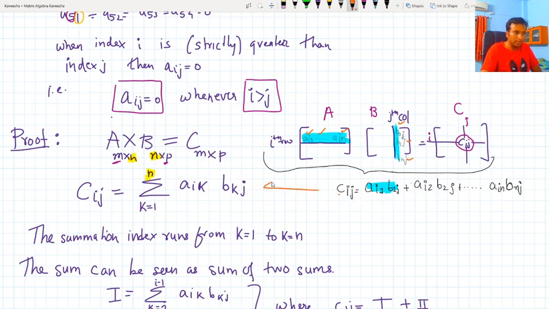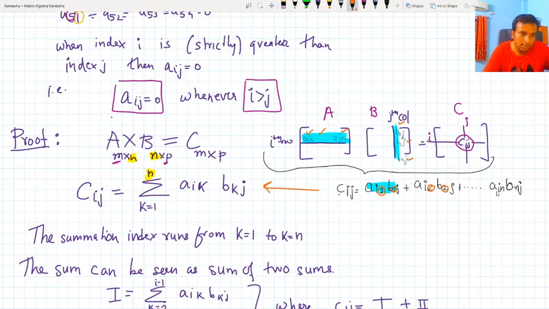We can write this compactly by using a summation symbol, and we can see that it is this index which is getting summed over. When we are looking at the ith row, we are moving column-wise, and when we are looking at the jth column, we are indexing and moving along the row index.